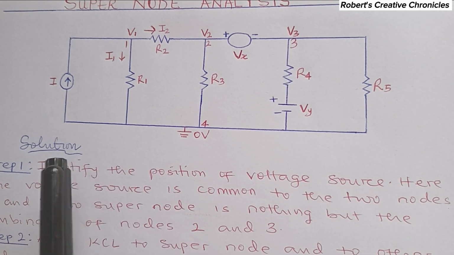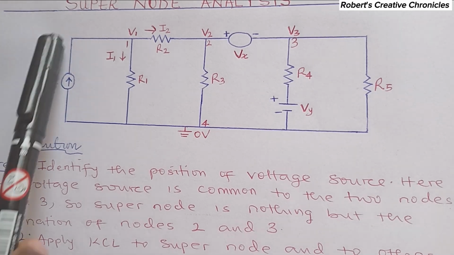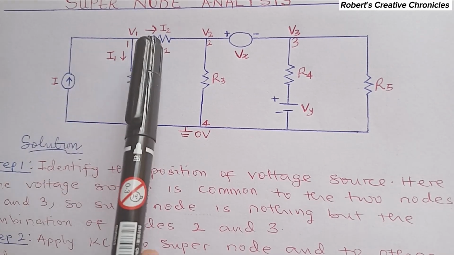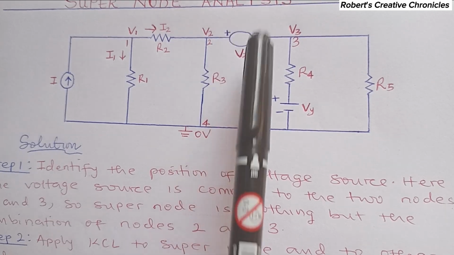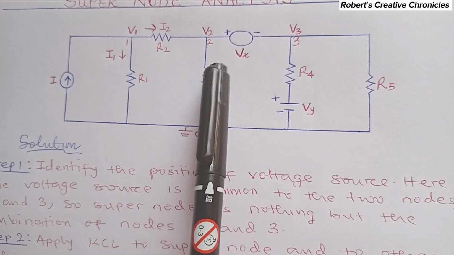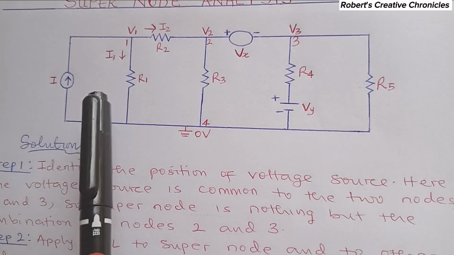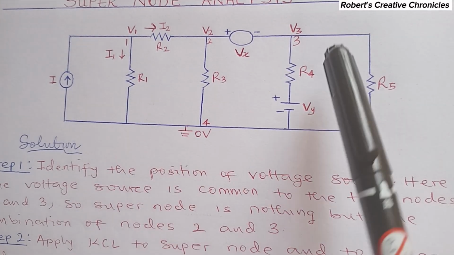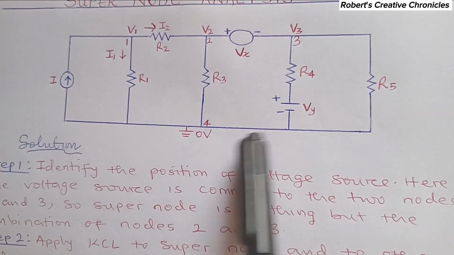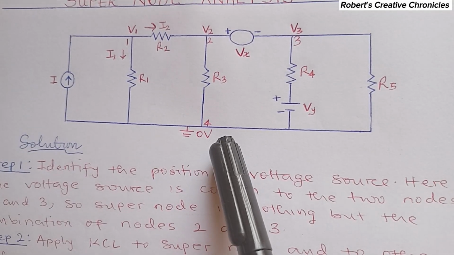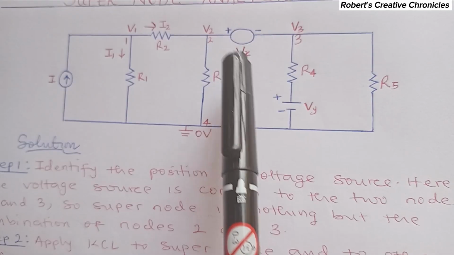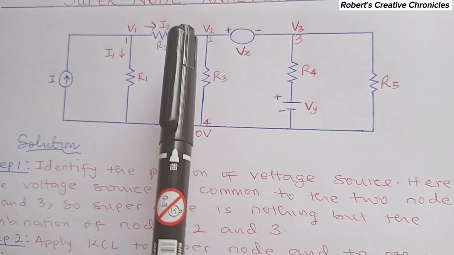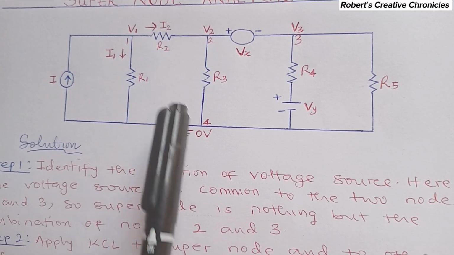Unlike the normal node analysis, where we move from left to right, here we start the analysis from the supernode. So instead of saying V1 minus V2, we say V2 minus V1 and V2 minus 0.